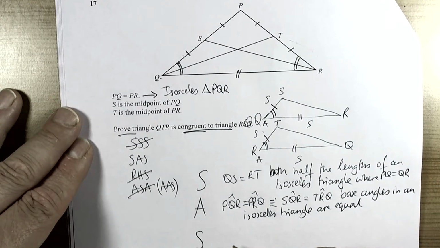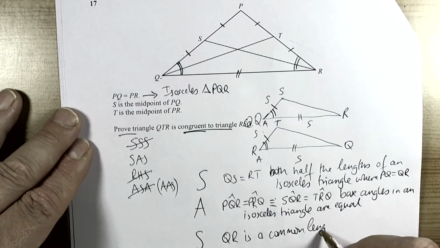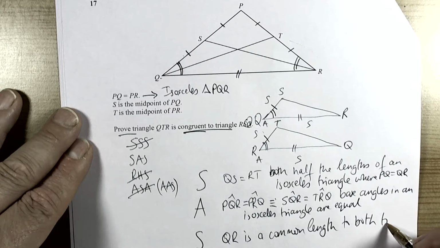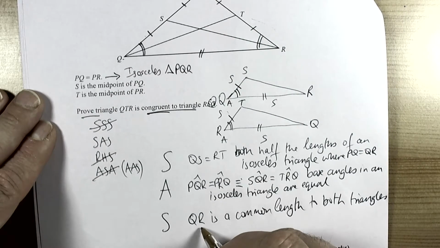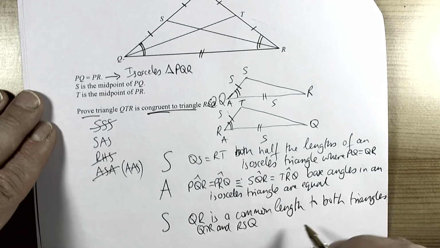Okay, and then the third side, well, QR is a common length to both triangles QTR and RSQ.